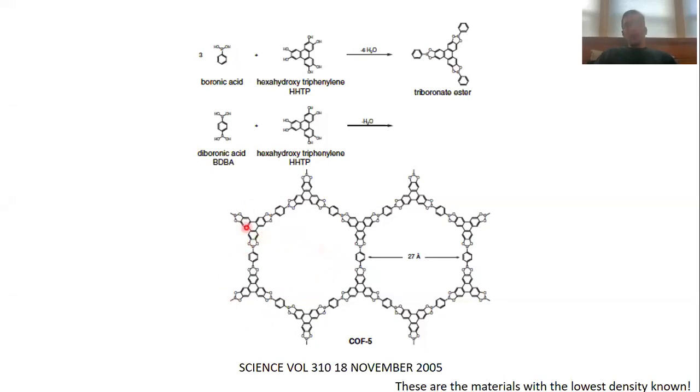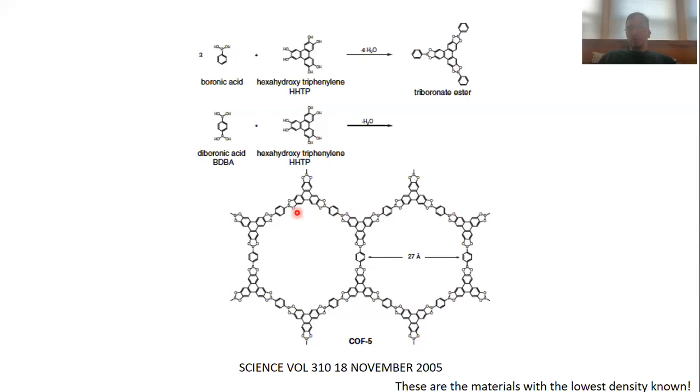Now, how stable are these materials? Neither the boronic acid anhydride COFs nor their esters are particularly stable. Stable, I mean here chemically stable. They are actually thermally fairly stable up to 400 degrees Celsius. But if you expose them to air, they collapse quickly. And why is that?